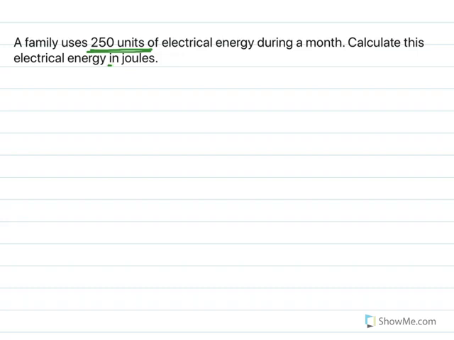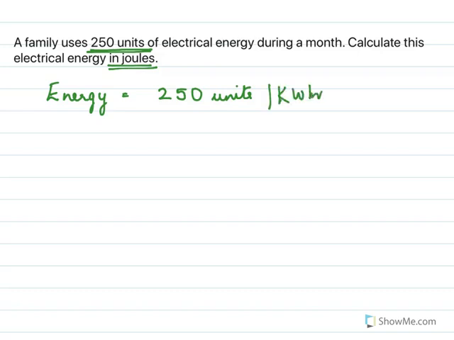Calculate the electrical bill in joules. So the energy is equal to 250 units, and units is also kilowatt hour. Now we know the relationship that 1 kilowatt hour is 3.6 into 10 raised to power of 6 joule.